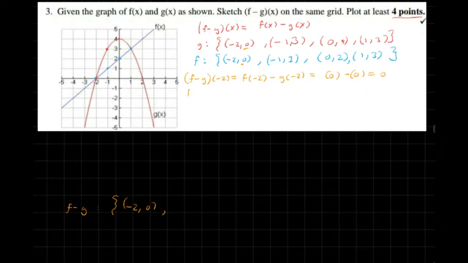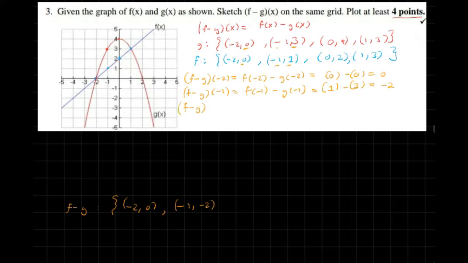Then I also do f minus g of negative 1. So you do the same thing, f of negative 1 minus g of negative 1. Negative 1 for f is 1. Negative 1 for g is 3. So you basically get negative 2, right? So the point here is negative 1 and negative 2.